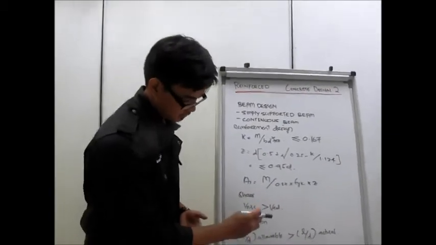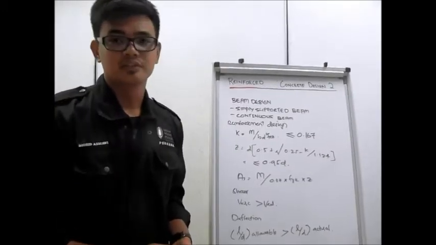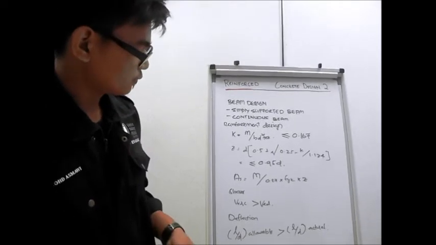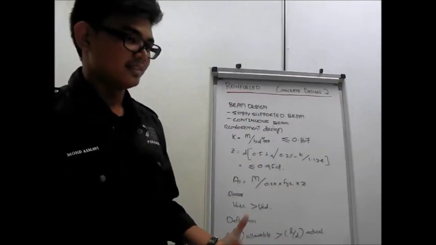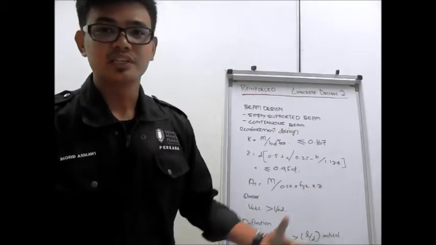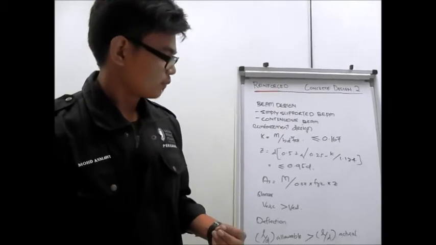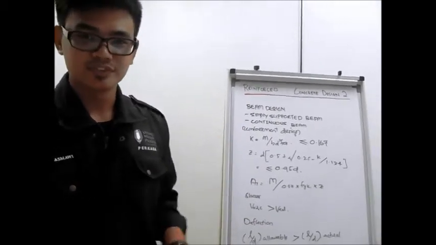If VRDC is less than VED, the beam fails. So we need to propose a new beam size, or we need to increase the size of reinforcement.